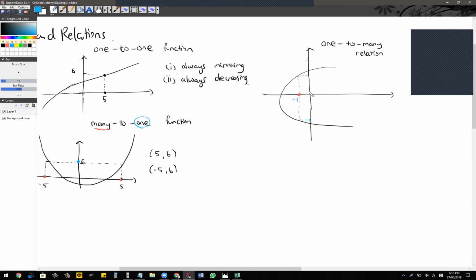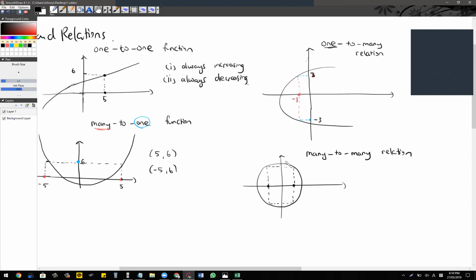Let's say this is -1, and you get like 3, -3. So one value of x to many values of y. So there's one-to-many relation, and finally, if you have some sort of a circle, could be an ellipse, that's a relation. This is a many-to-many relation. Many values of x lead to many values of y.